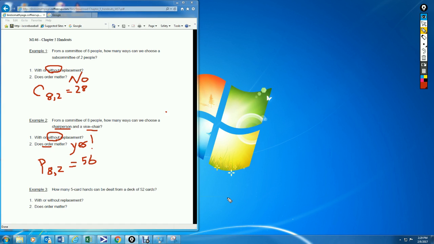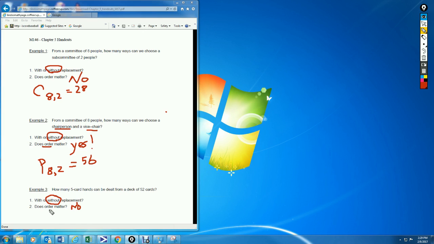And finally, how many 5-card hands can be dealt from a deck of 52 cards? First of all, is it with or without replacement? You're dealing out 5 different cards, so obviously it is without replacement. There's no chance that you're going to get 2 Ace of Diamonds. Does the order matter? No, because they're just dealing you cards, and then you can pick them up and sort them into whatever order you want in your hand.